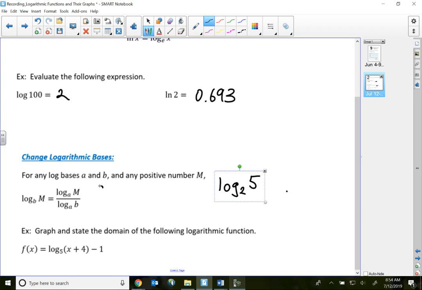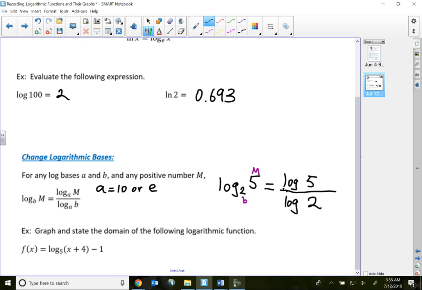So what is base a referring to here? a can either be base 10 or it can be base e. What that means is, for my log base 2 of 5, my b is 2, my m is 5. This is going to turn out to be log with base 10 of my m, which is 5, divided by log with base 10 of b, and b is 2.